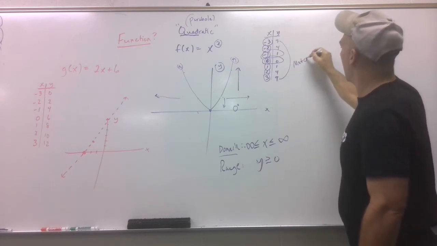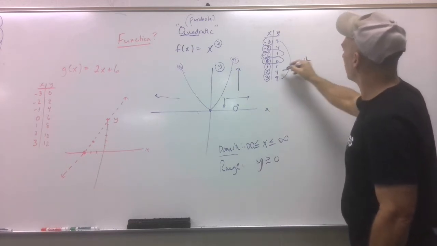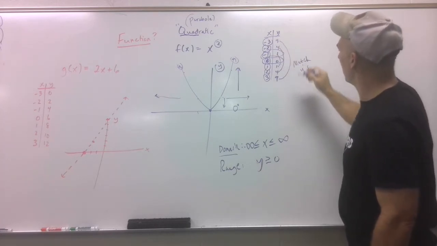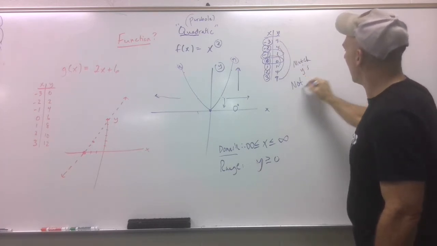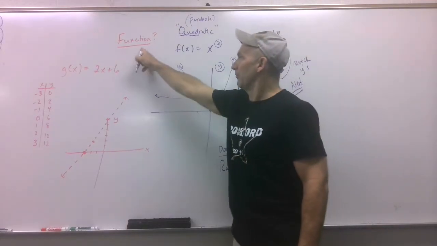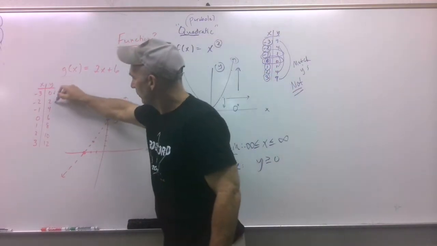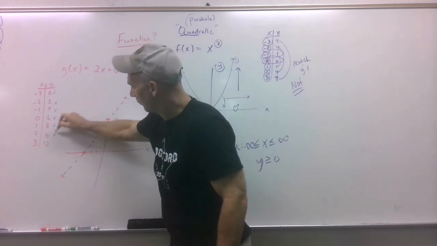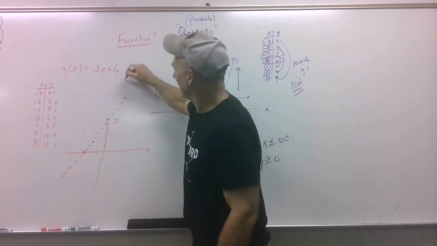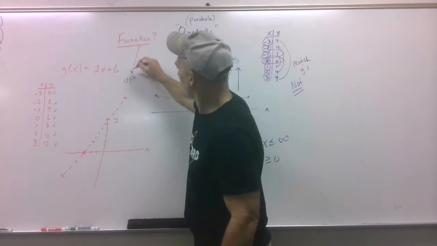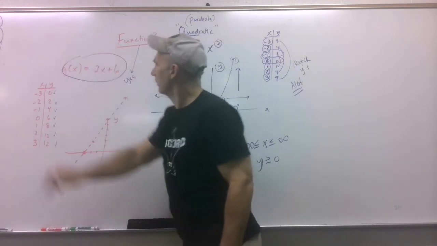Because there's a match in the y's, and notice the 4's match, the 1's match, this is not what's defined as a function. Now look at the linear equation over here. Every single y is different. So we would say, yes, this is a function.